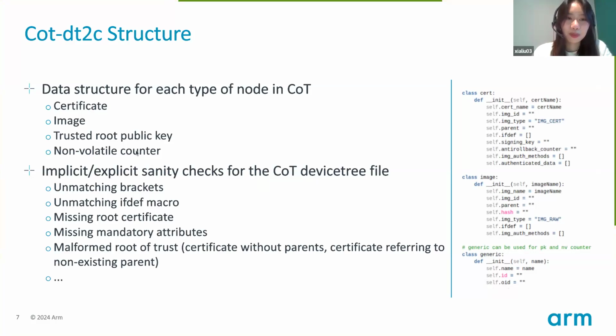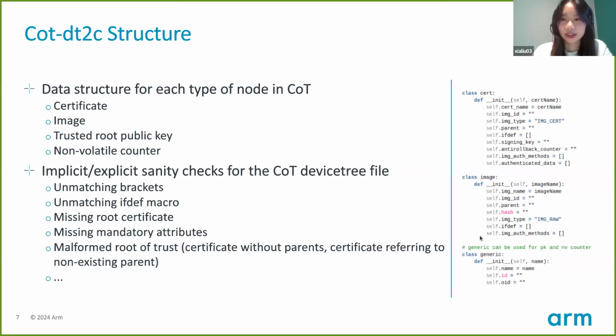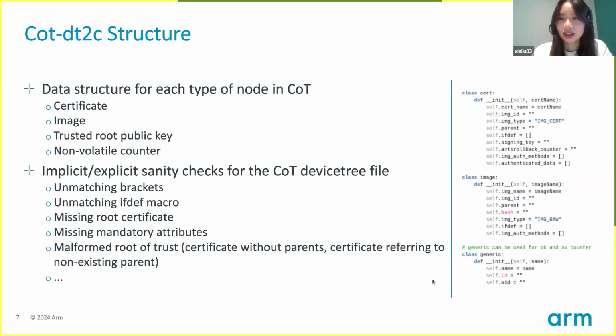Each of them has a corresponding class on the right side. The generic one can be used for both public keys and non-volatile counters. The script will recursively extract all those data structures and then fill in the attributes.